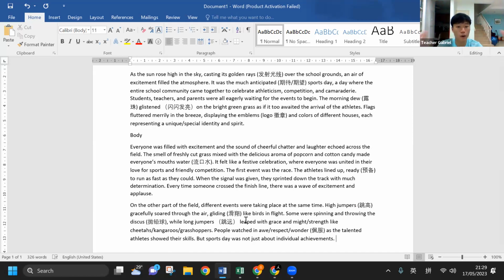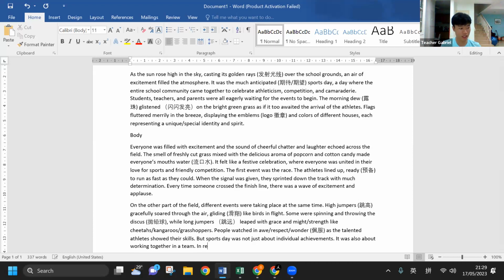So sports day is not only about individual people. They also have team sports, like what? So it was also about working together in a team.